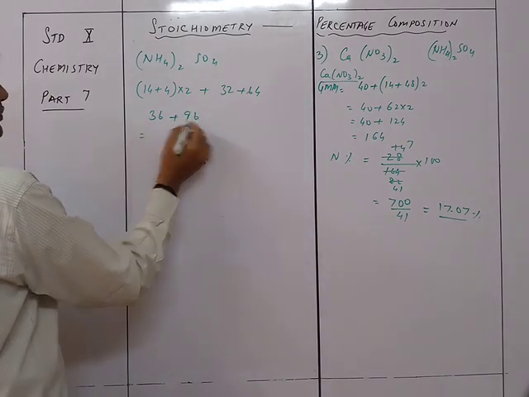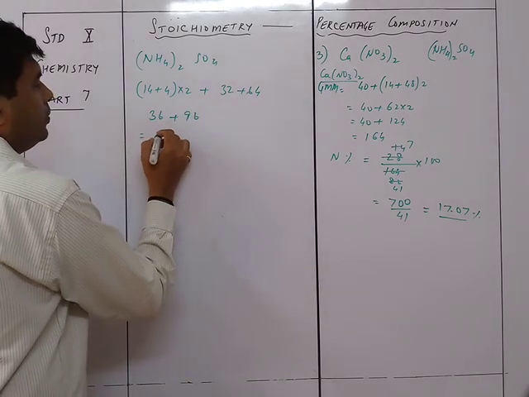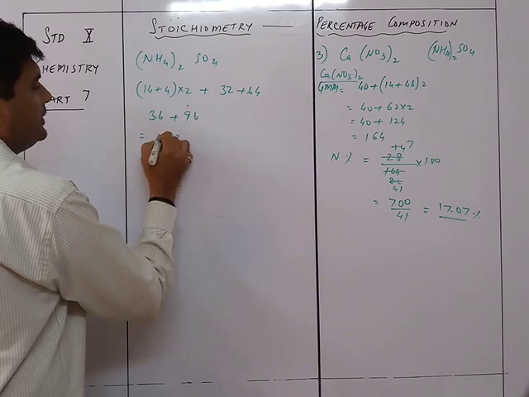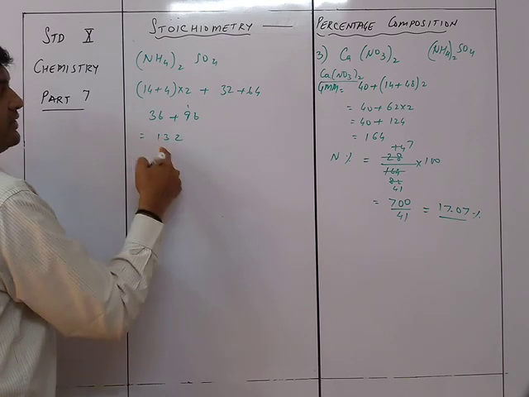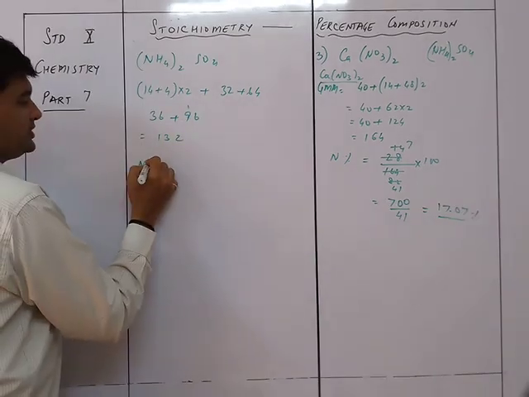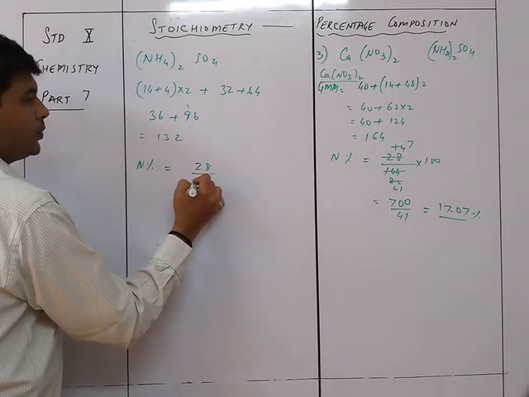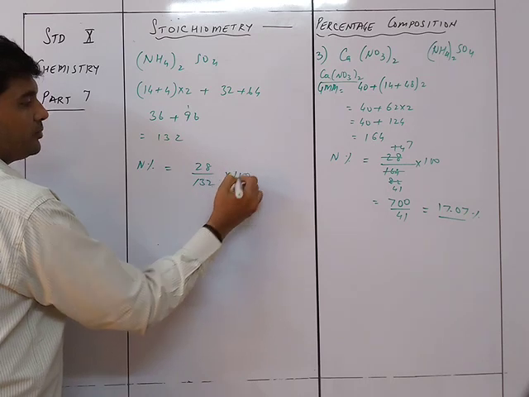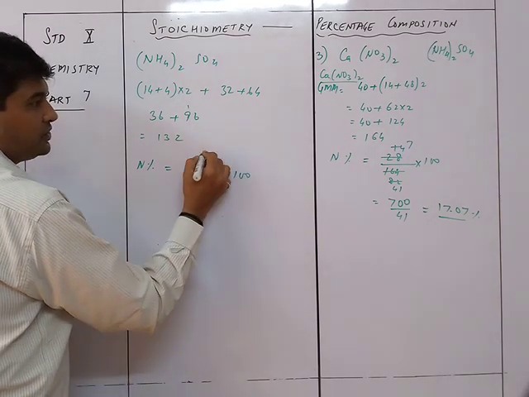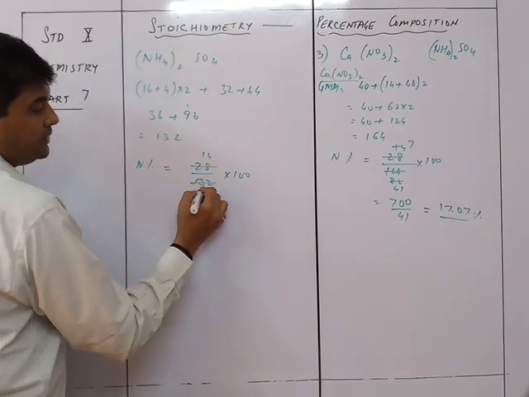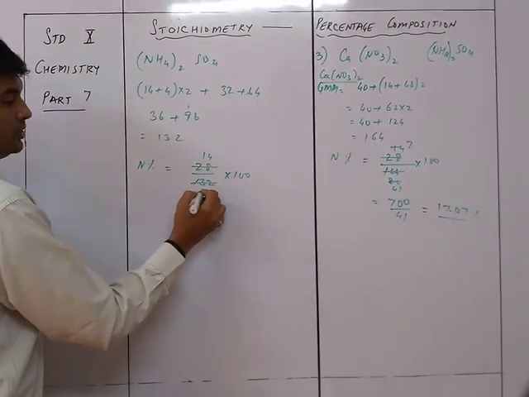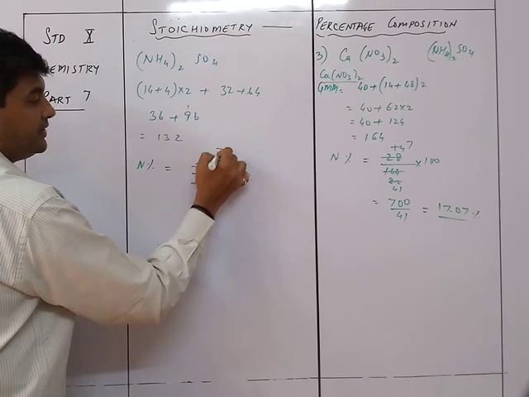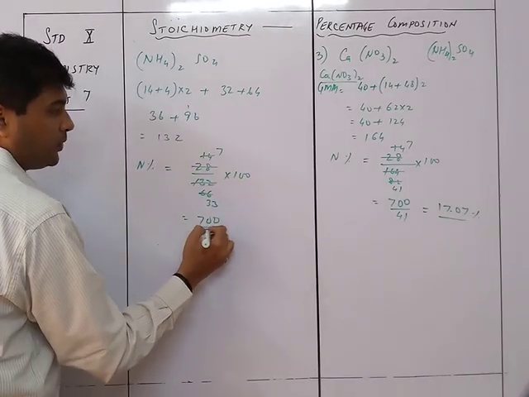So that is going to give you 132. Amount of nitrogen is again 28. So N% is equal to 28 upon 132 into 100. So this is 14. This is going to be 66, 33 and 7.